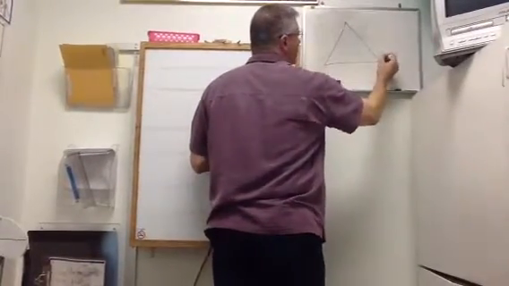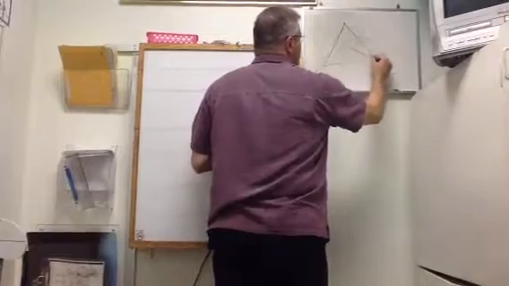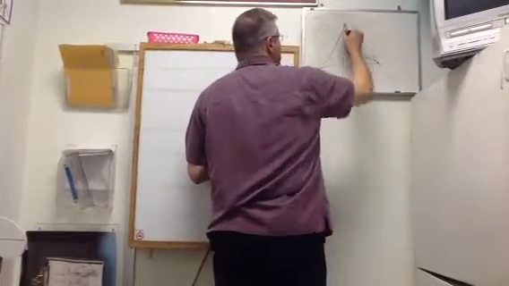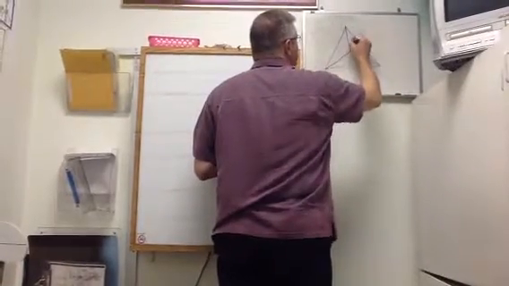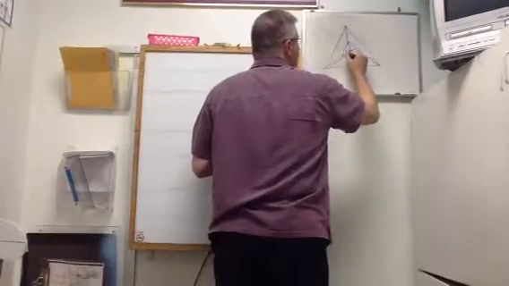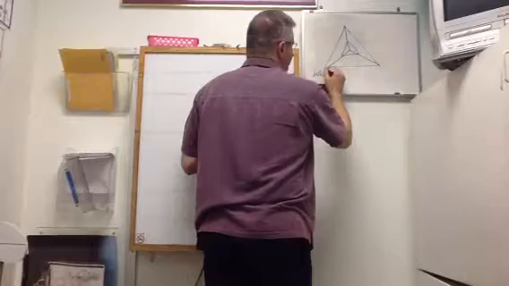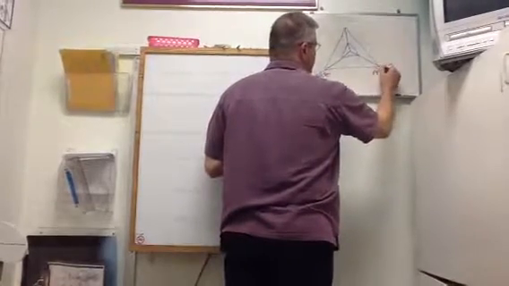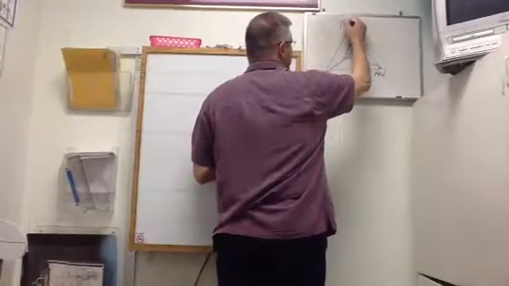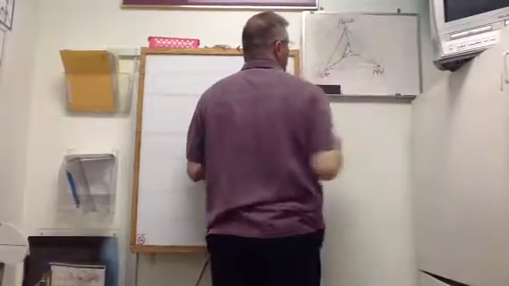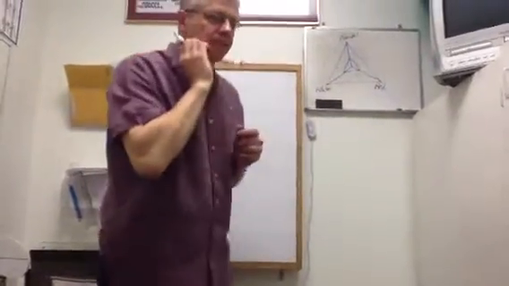A triangle is a delta, which means change. We have white tissue, red tissue, and neural tissue. Those are the three things that have to change.